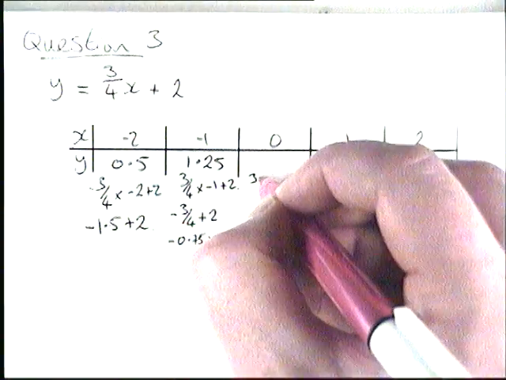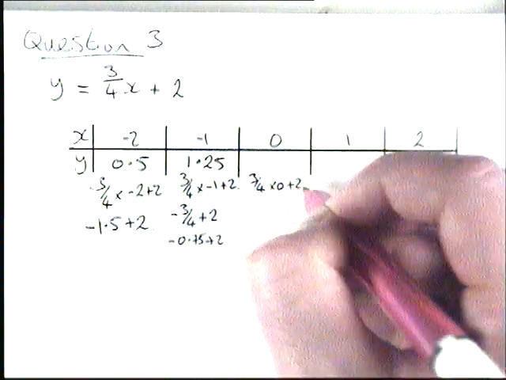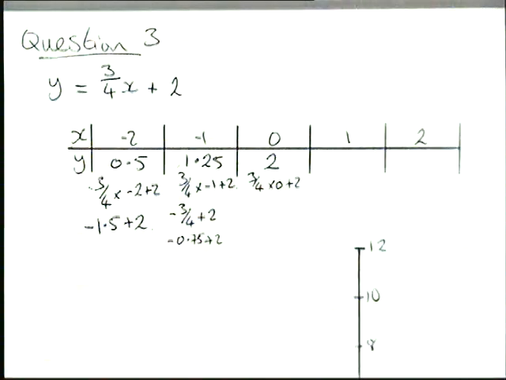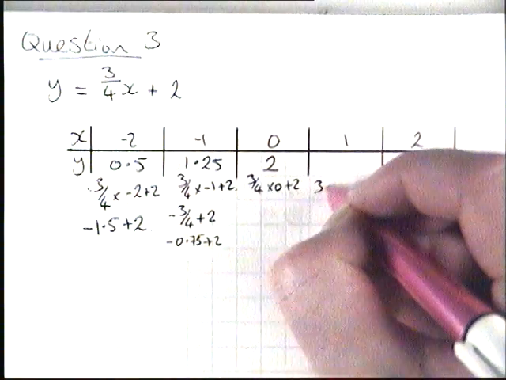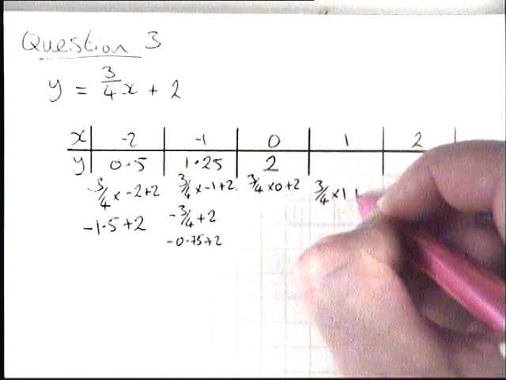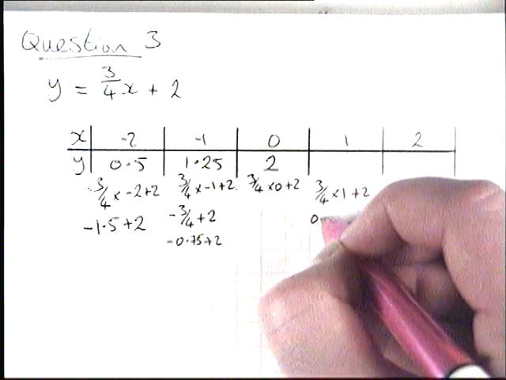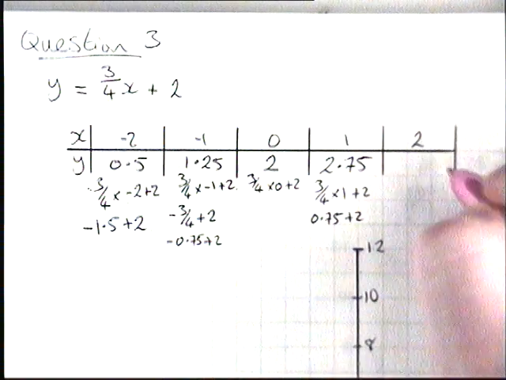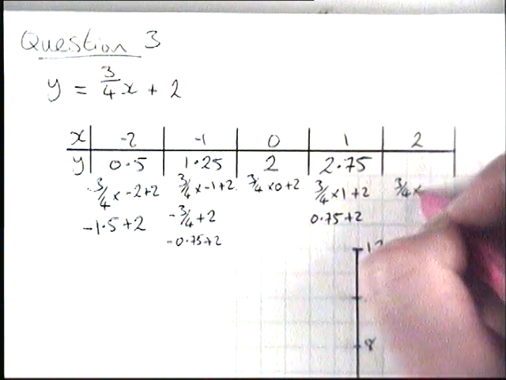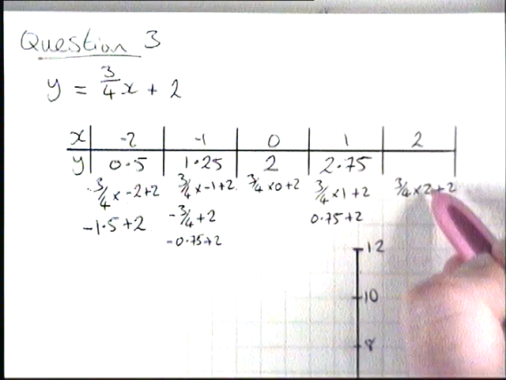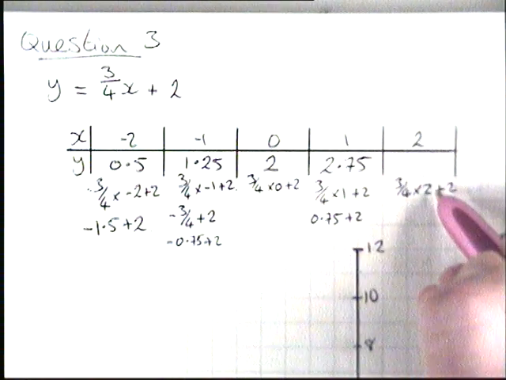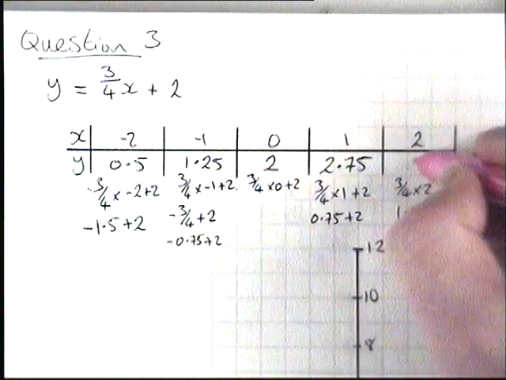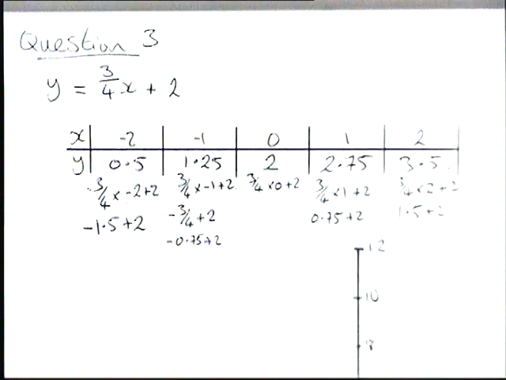Next one, we've got 3/4 times 0 plus 2. 3/4 times 0 is just 0, plus 2 is 2. 3/4 times 1 plus 2. 3/4 times 1 is 3/4, plus 2 is 2 3/4. And the last one, 3/4 times 2 plus 2. So 3/4 times 2 gives us 1.5, plus 2 gives us 3.5.